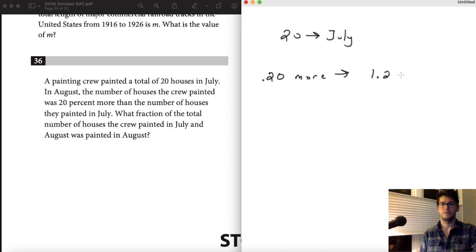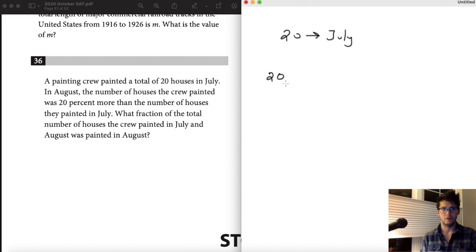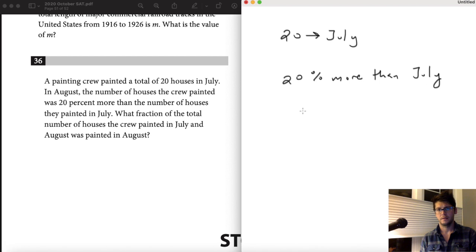Let me write out the translation a little bit more explicitly for you in case these are messing you up. 20% more than July. That means 0.20 times July plus July.